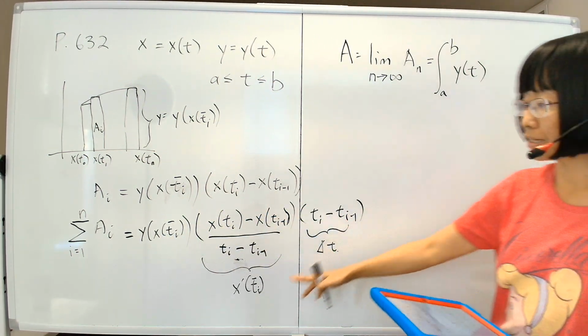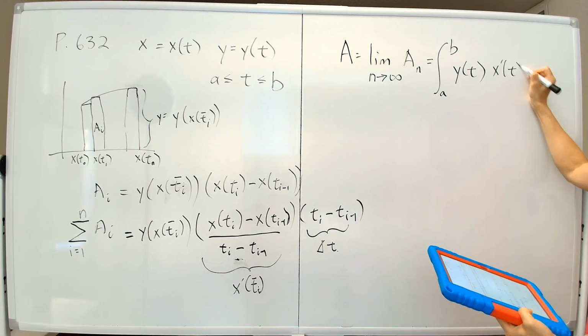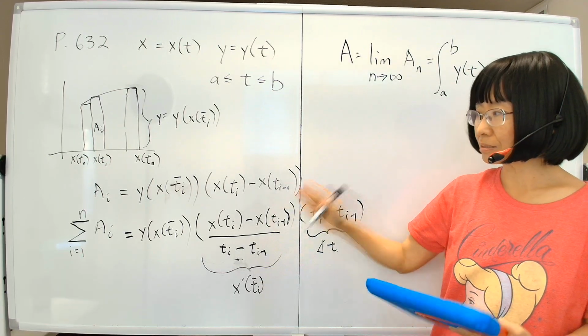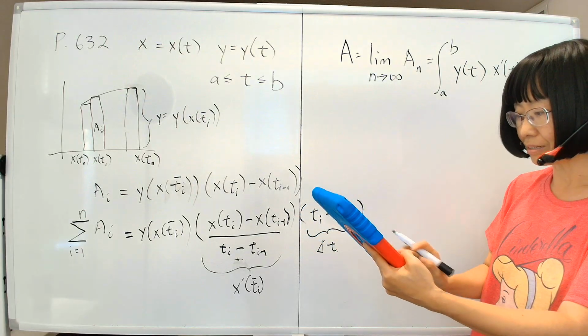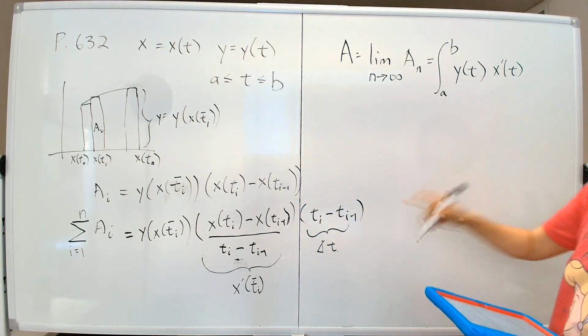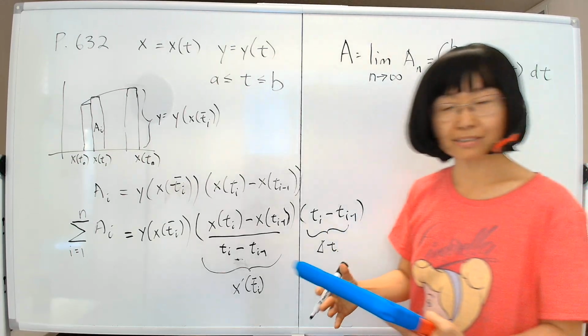The second part is x prime of t, whereas t_i bar just goes to t at that point, because everything's going to infinity. And then the third part is dt. So that's how the formula is derived.